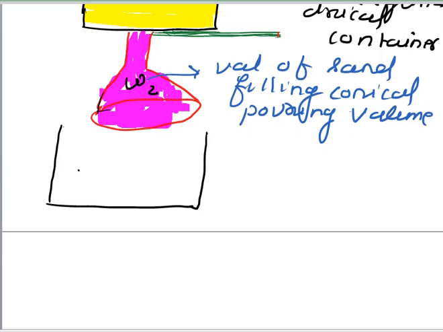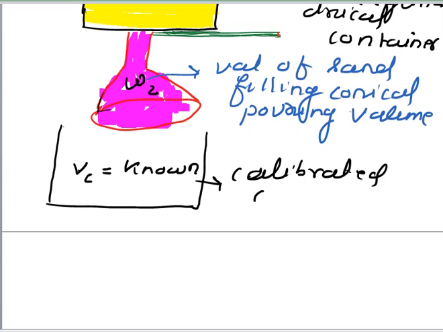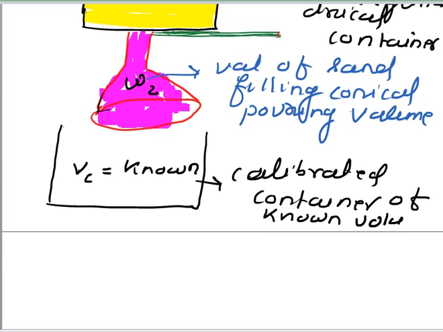We know its volume, Vc, the calibrated container of known volume. Now sand is allowed to fill into this container. The sand is filled here.